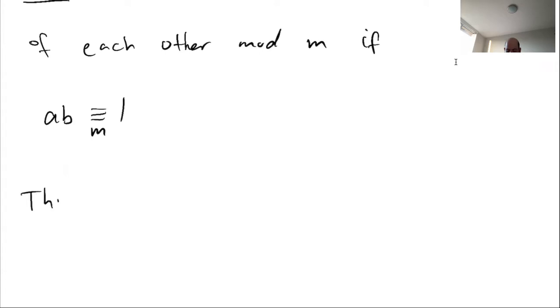So, theorem. I can divide it into two parts.